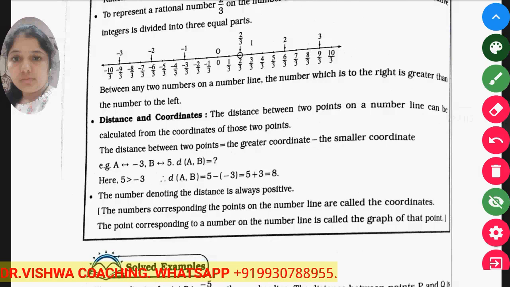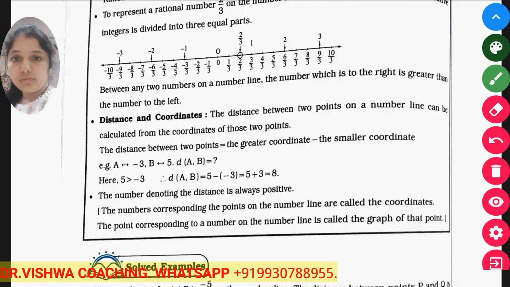If I say 5 by 3, then I divide 1 unit into 3 parts like this, and then I take 5 parts out of the 6 parts which can be formed. Okay, so like this you can read the number line.